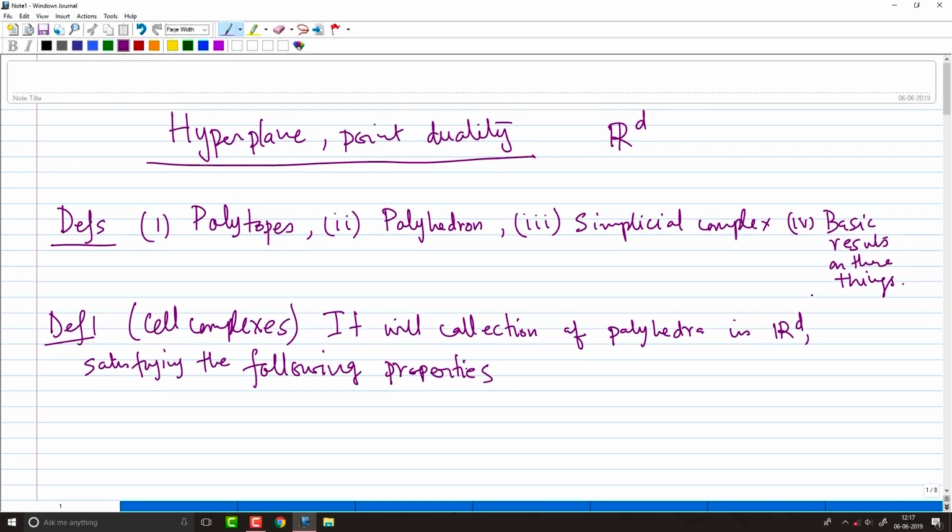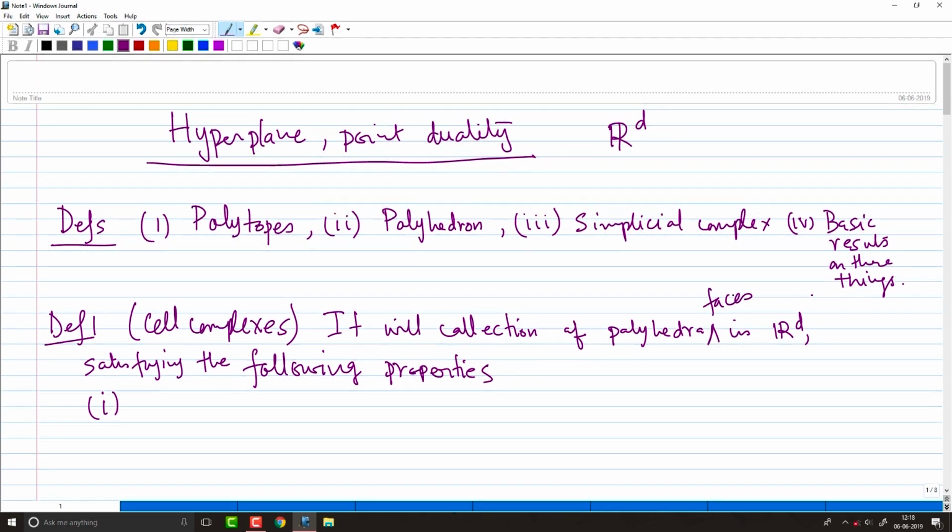Following. It will be similar to what we saw for geometric simplicial complexes. The polyhedra that will be contained in the set, we will loosely call them faces.